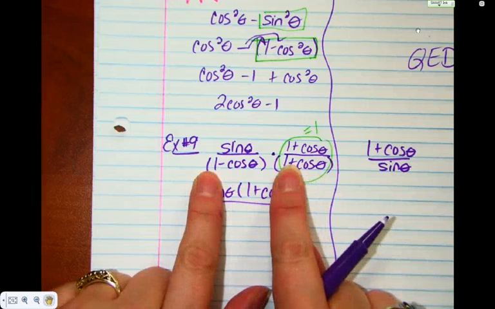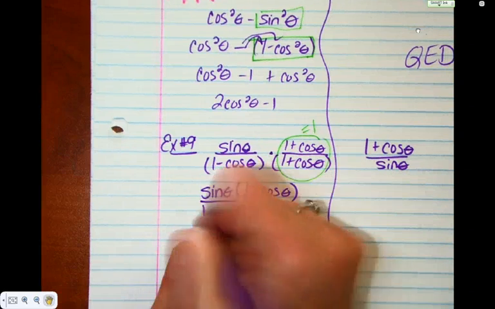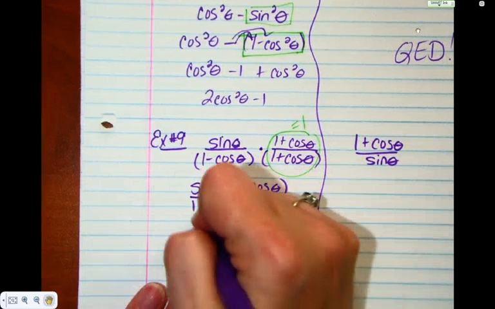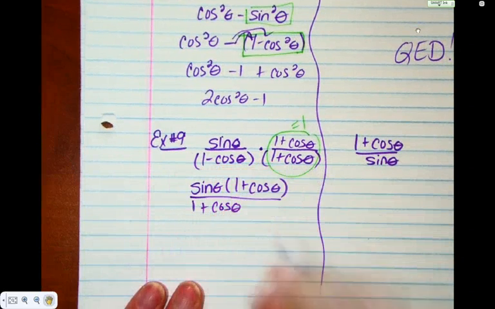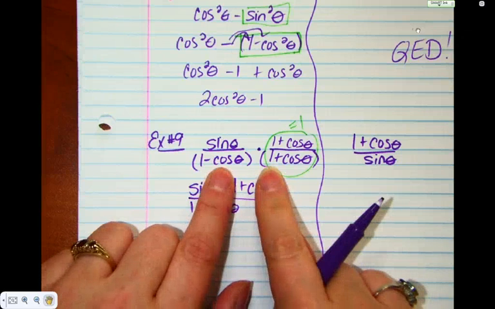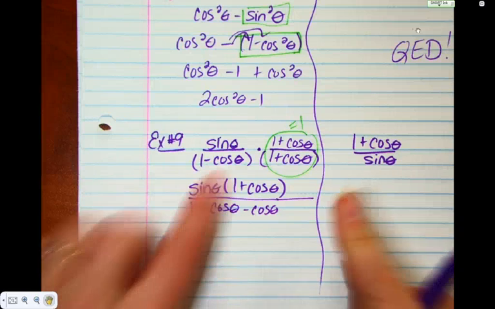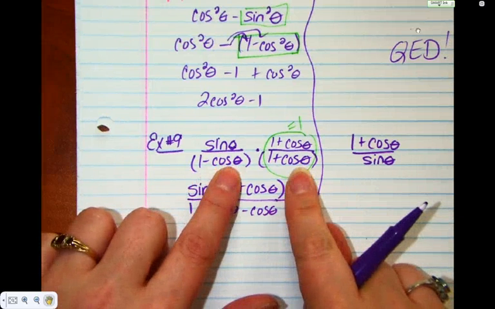So 1 times 1, 1. 1 times positive cos. In the middle, negative cos times 1. And the last 2 terms, negative cos times cos.